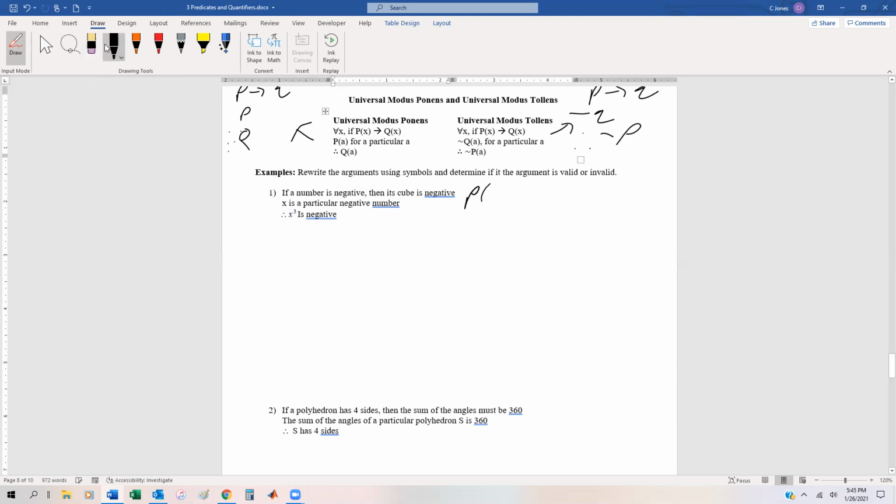Let's define P of X to be X is a negative number. And let's define Q of X to be X cubed is a negative number. And so what you can see is, if a number is negative, the cube is negative, so X cubed is a negative number.